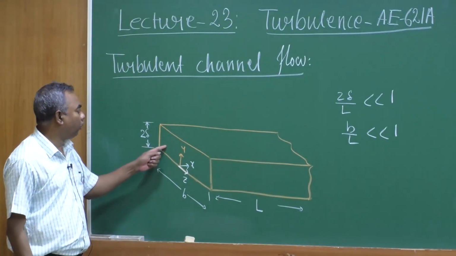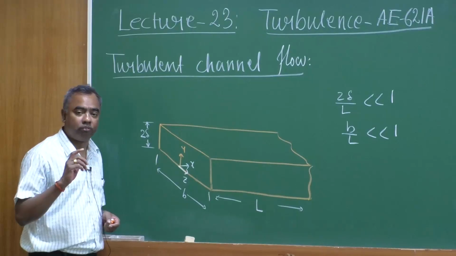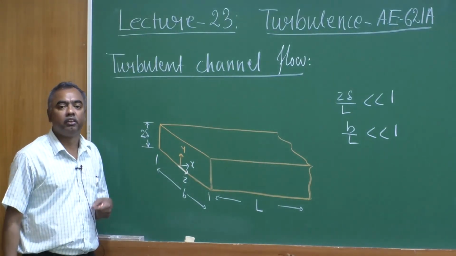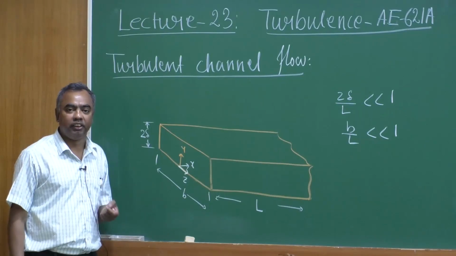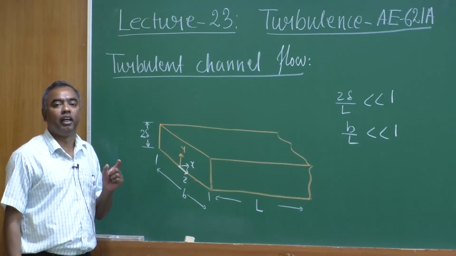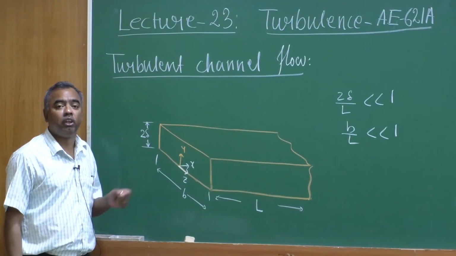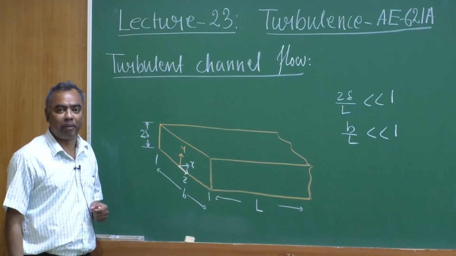Okay. So, as you can remember, in the case of our free shear flows, while deriving the momentum equations using the order of magnitude analysis, we saw that the viscous part of those equations can be neglected.